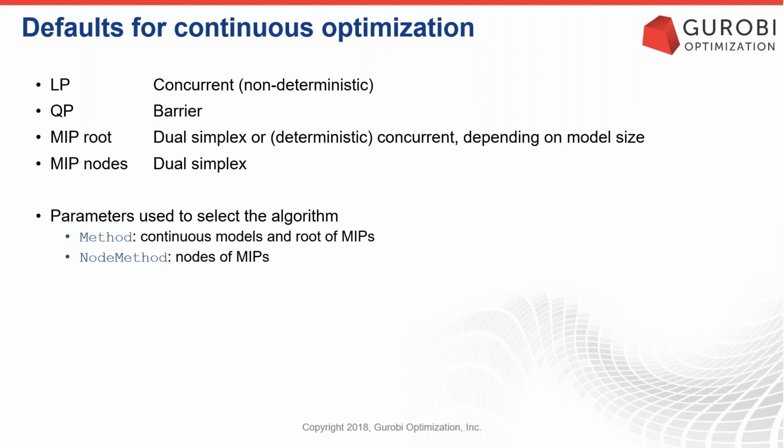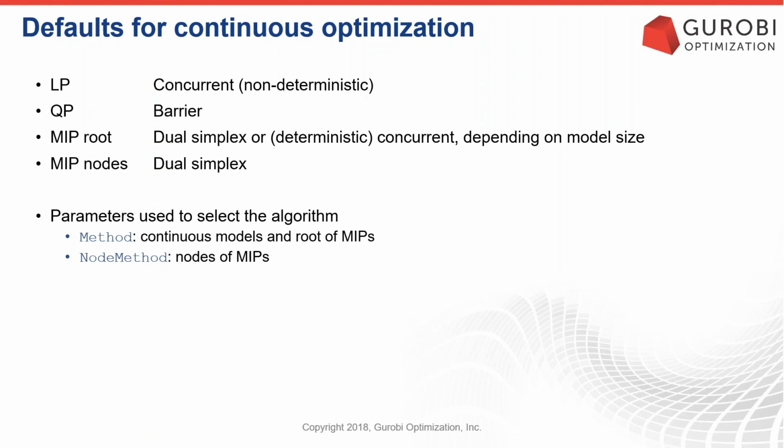So you can adjust this with the method parameters. And it's usually a good idea to play with this parameter. You can also change the method that is used for MIP nodes, but usually you wouldn't play with this because the node method parameter hardly helps. Dual simplex is really the best choice for most MIP models.